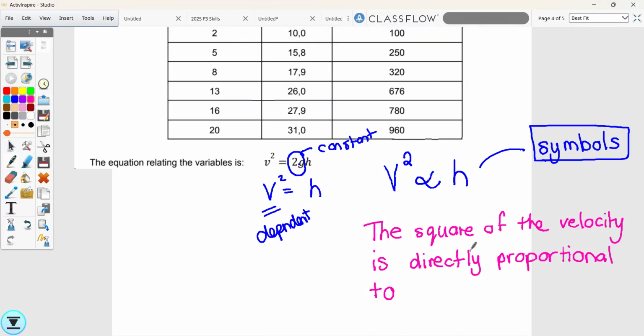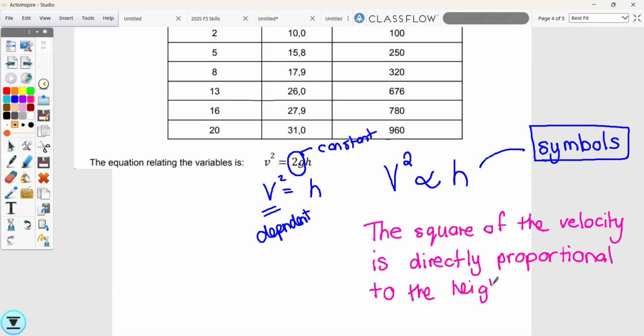But not if you plot v squared. If you plot these, it will always be a straight line. I'll do the graphs now. Guys, so the square of the velocity is directly proportional to the height.